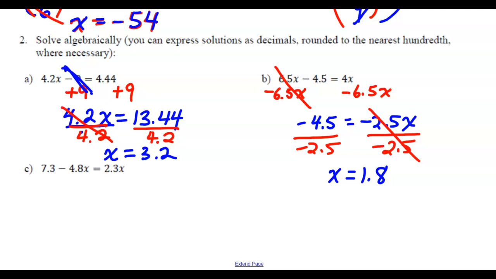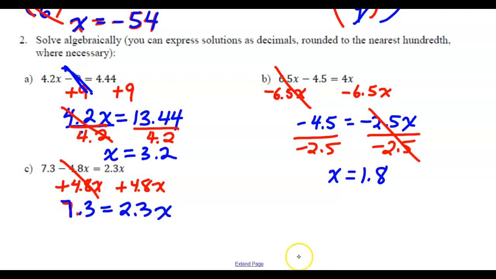Then question 4. Two terms with x. I'm going to leave the one on the right. I'm going to add 4.8x to both sides. And then divide by that coefficient of x, 2.3.